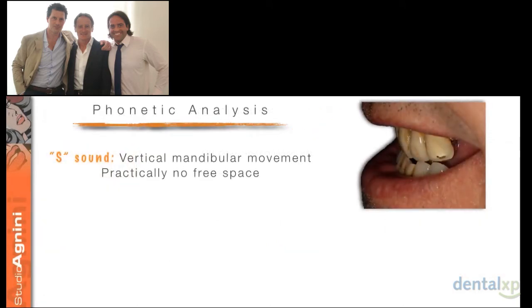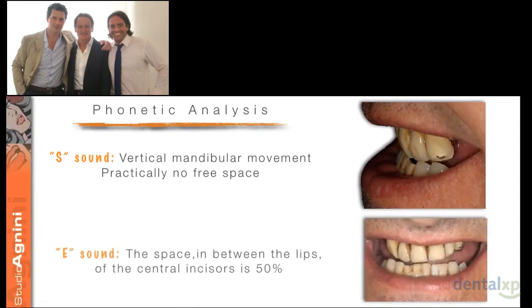Phonetic analysis, another important step. So we evaluated the S sound, that gives us the vertical mandibular movement, and we can evaluate the free space, and we can see that there is basically no free space available here. With the E sound, we evaluated the space in between the lips of the central incisor, that is basically 50%.